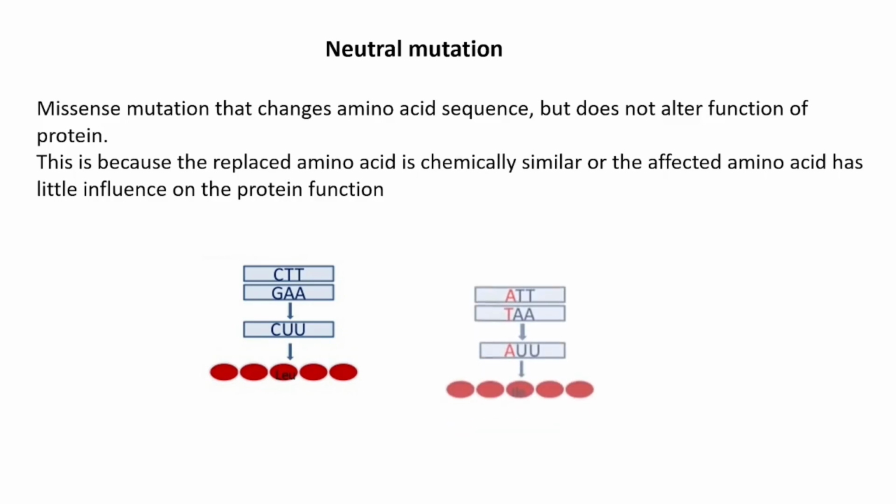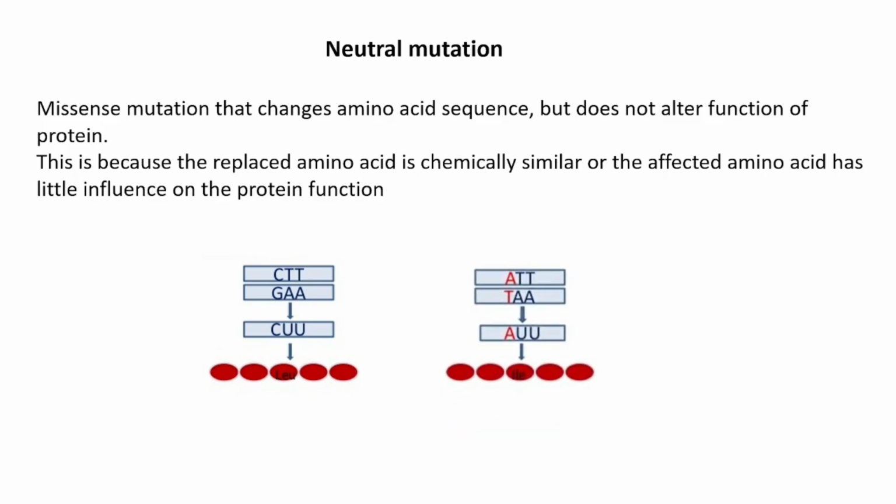A mutation changes CUU to AUU, which codes for isoleucine. Since leucine and isoleucine are similar in their chemical properties, the protein does not lose its function and is still biologically active. Such a mutation is called a neutral mutation.